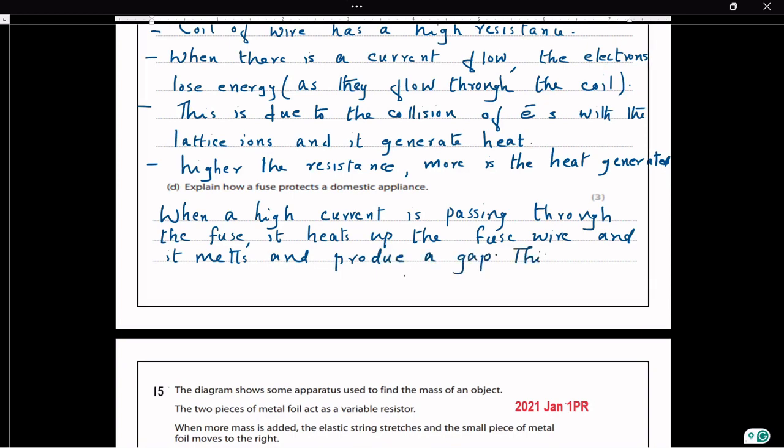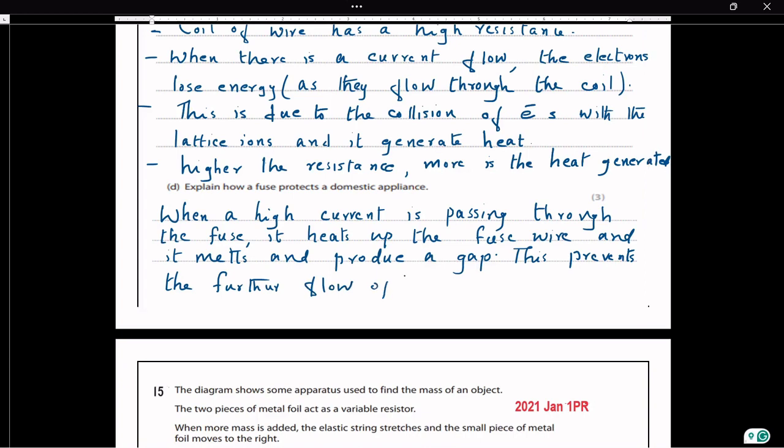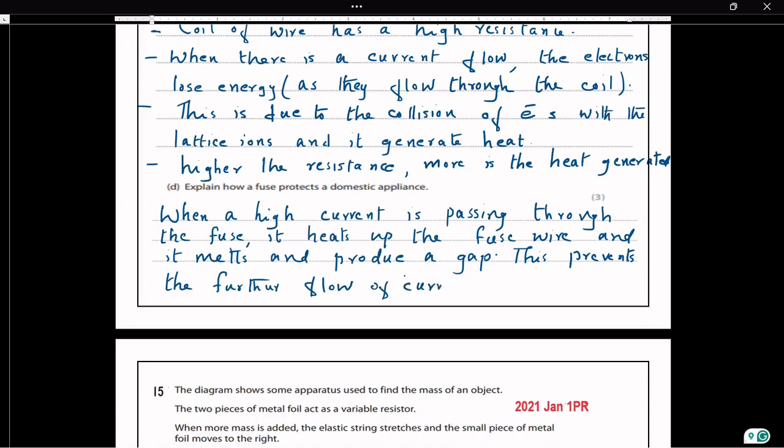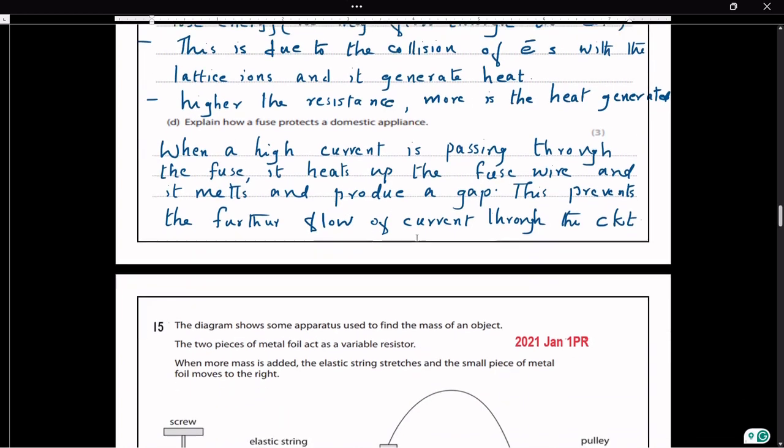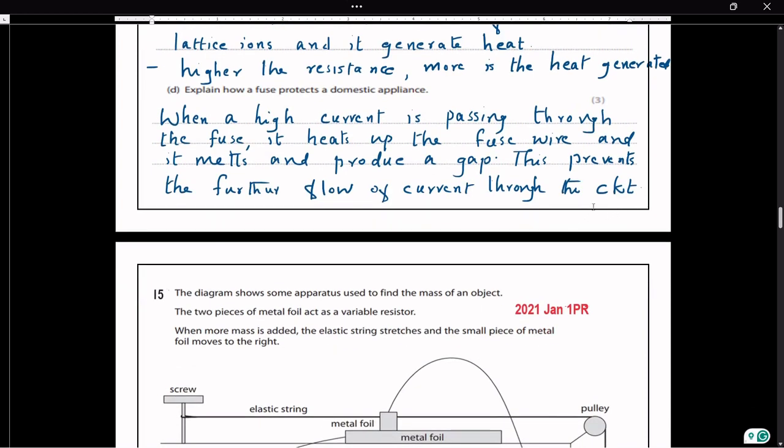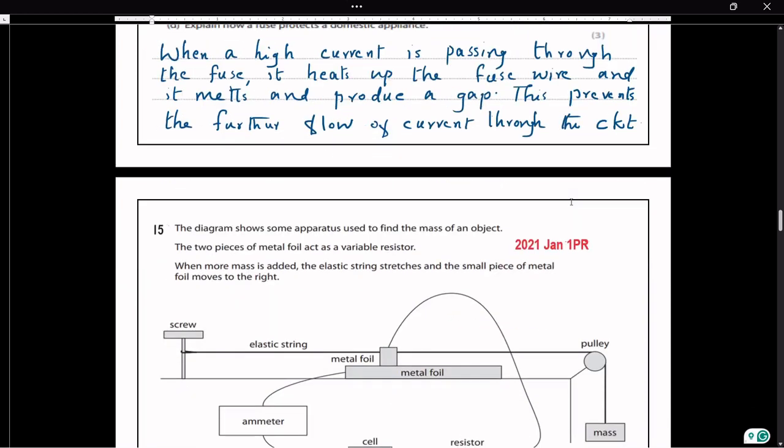This prevents the further flow of current through the circuit. I'm writing CKT, the short form of circuit, just to save time and space, but try to write the complete full words for the exam.